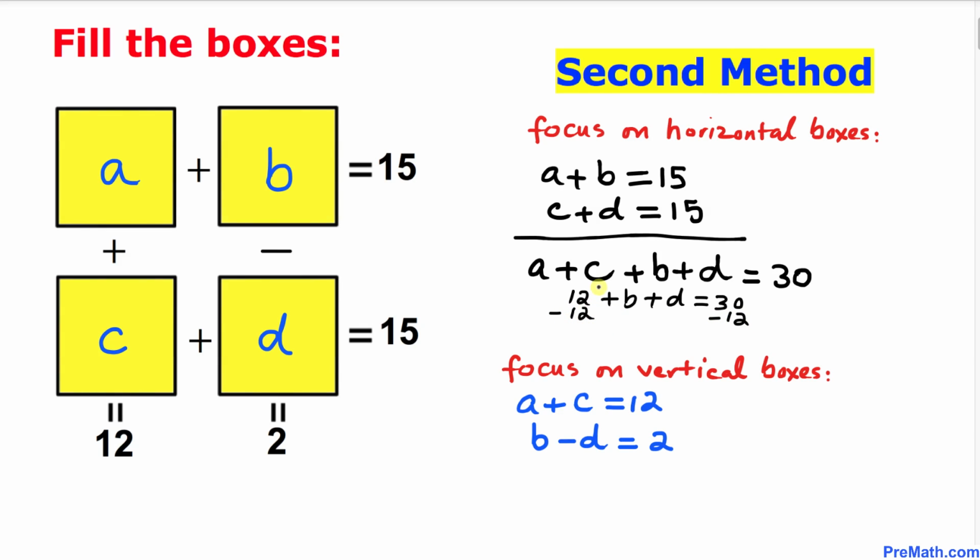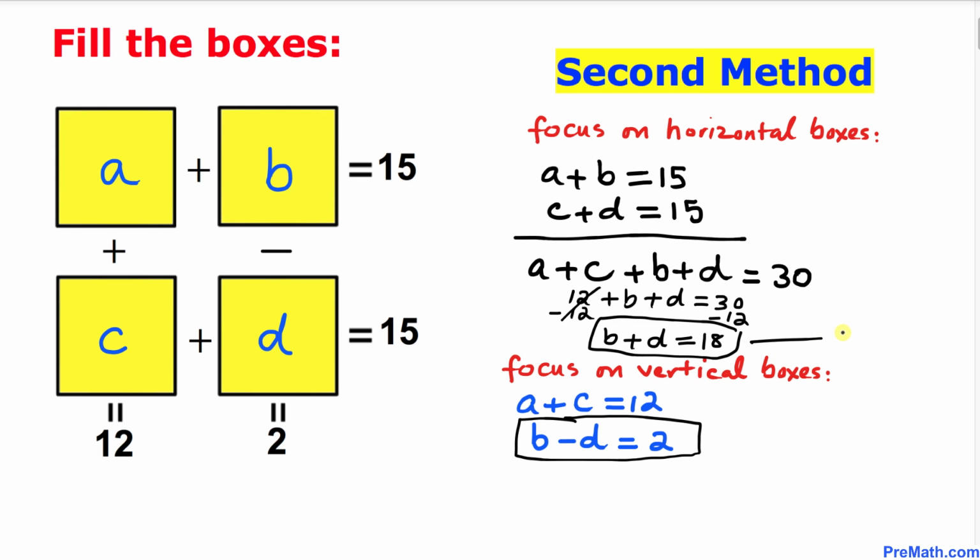So that means this is gone. By the way, B plus D turns out to be 18, isn't it? And here we got B minus D equals 2. Let me call this equation number 1 and this number 2.